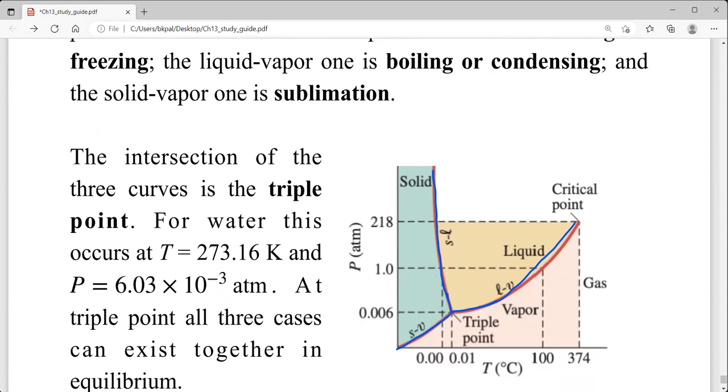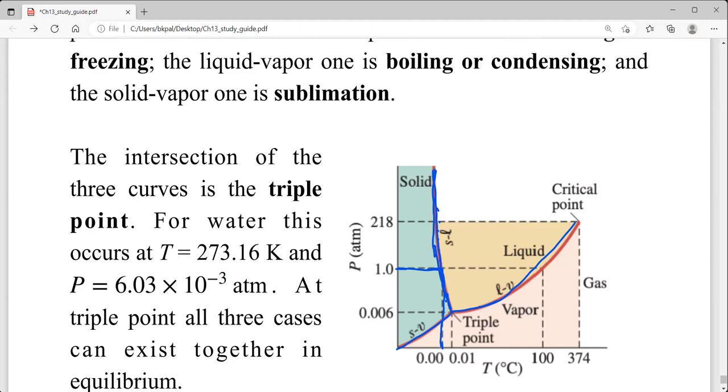Now these lines basically tell some important properties of water. For example, let's first consider this line. This line tells us the melting point. All these numbers on this line are the melting points at different pressures. For example, at 1 atmospheric pressure, the melting point of water is 0 degrees Celsius, and we know that.